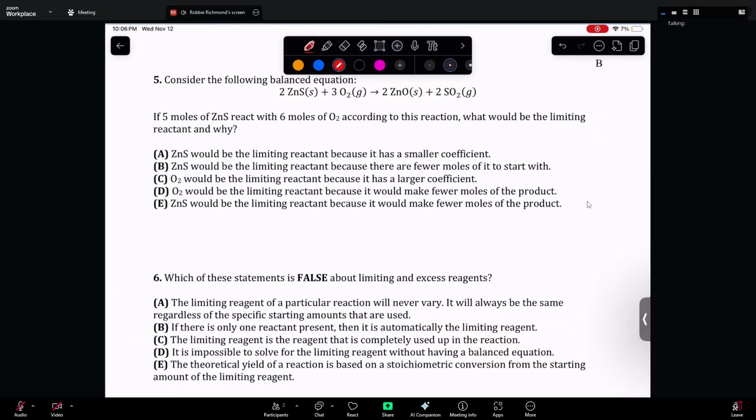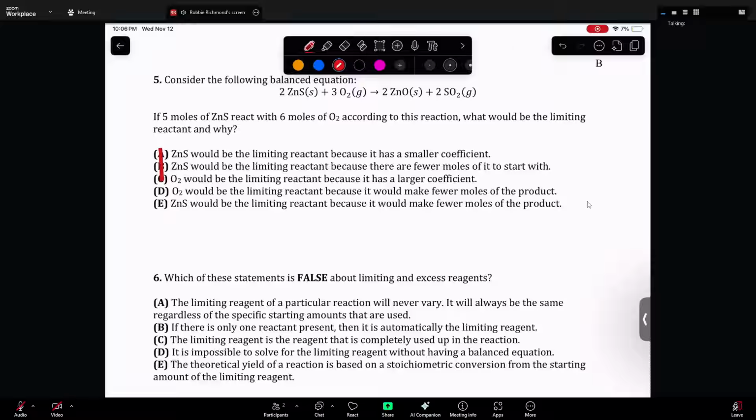Alrighty. Consider the following balanced equation. We're given that if 5 moles of zinc sulfide react with 6 moles of O2 according to this reaction, what would be the limiting reactant and why? I'm just going to look at the answer choices and see if we can eliminate anything. Immediately we can eliminate answer choices A, B, and C, and the reasoning is the definition of a limiting reactant.